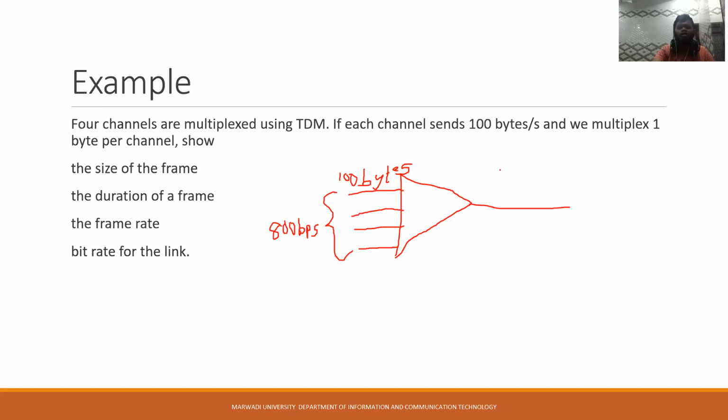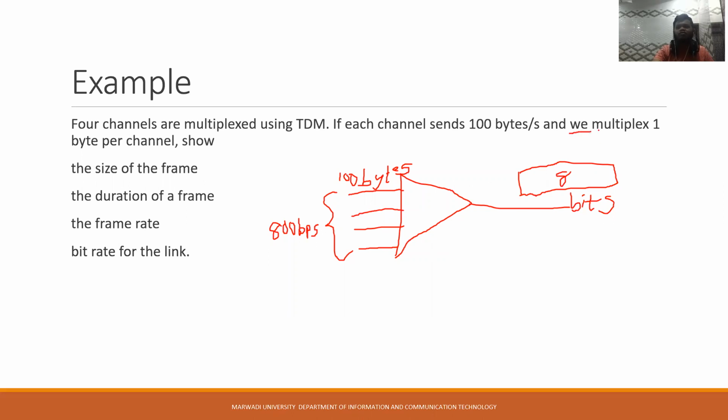So 1 byte would be having 8 bits. So we can say that a frame size would be 8 bits. One frame would contain 8 bits, or one frame would contain 1 byte. Why have we selected like this?